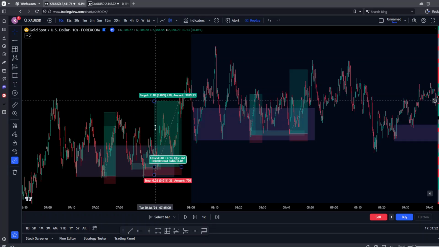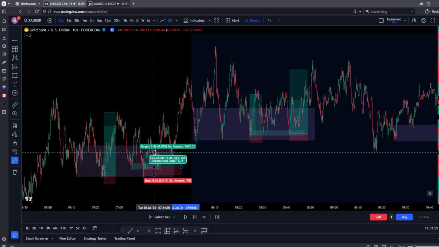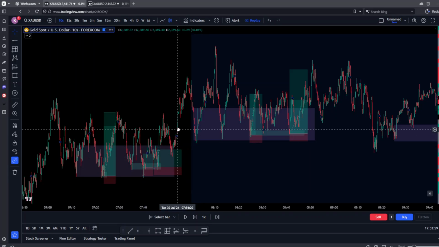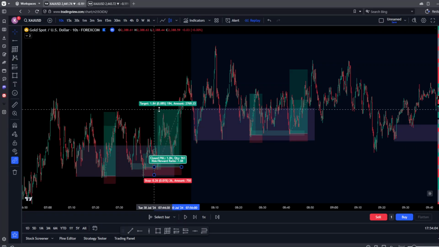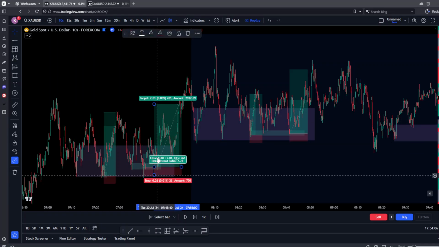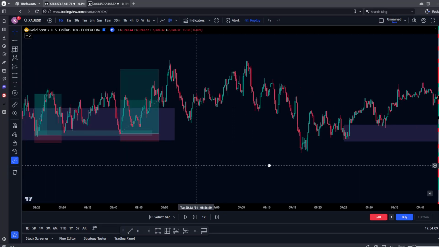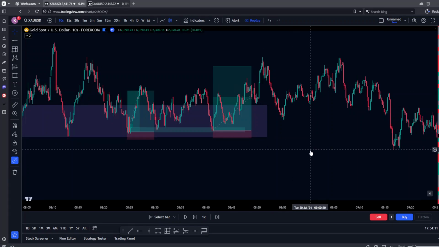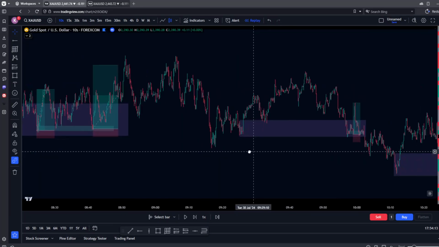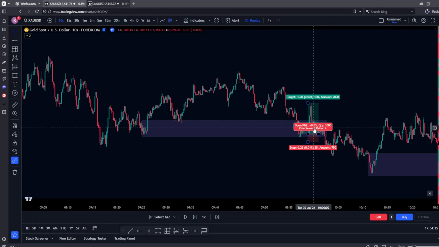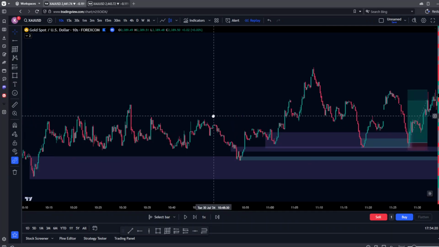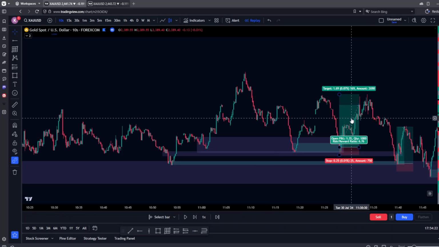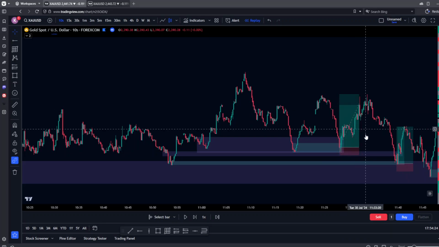For example, let me see. If you place a 2 hour break even here, you would not have gotten the take profit. So you could just decide to leave it near the entry a little bit. All right, so this is another trade. This was a stop loss break even trade, a break even trade close to TP.